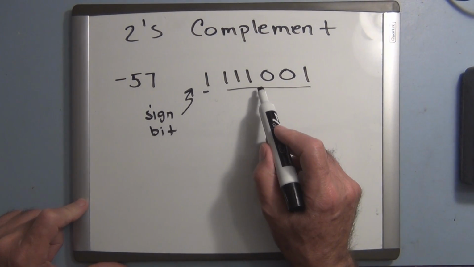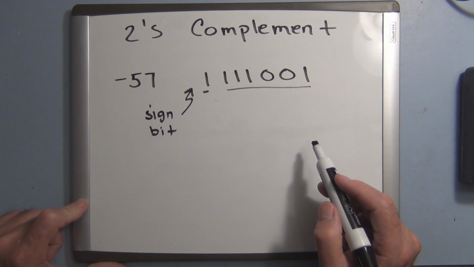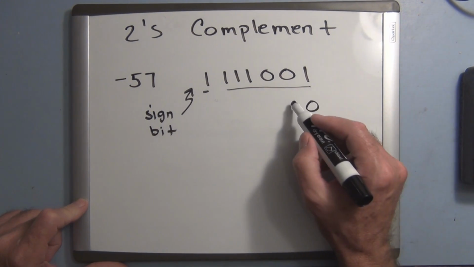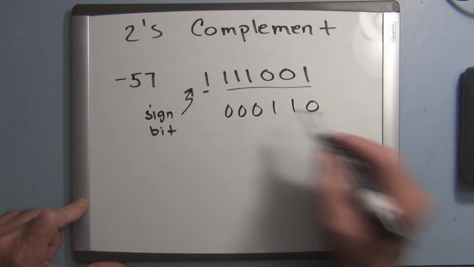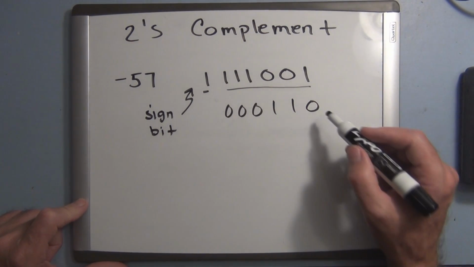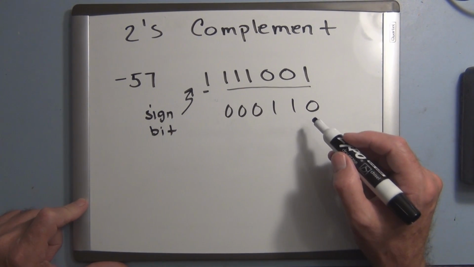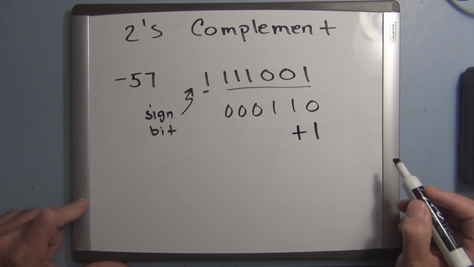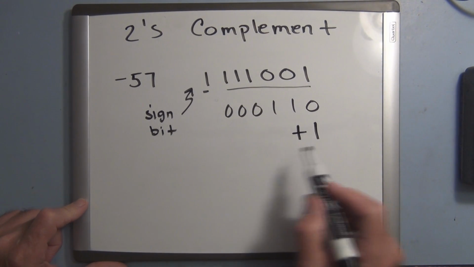To get the 2's complement of the magnitude of a negative number, we take its complement. So here we have 0, 1, 1, 0, 0, 0, which is now the 1's complement. But to get to the 2's complement, we have an additional step. And the additional step is we add a 1 to that complemented number.